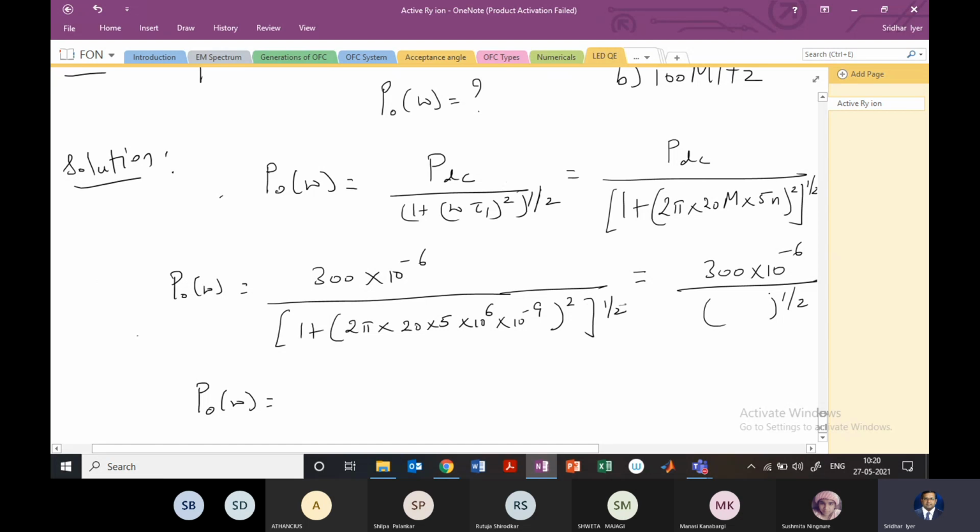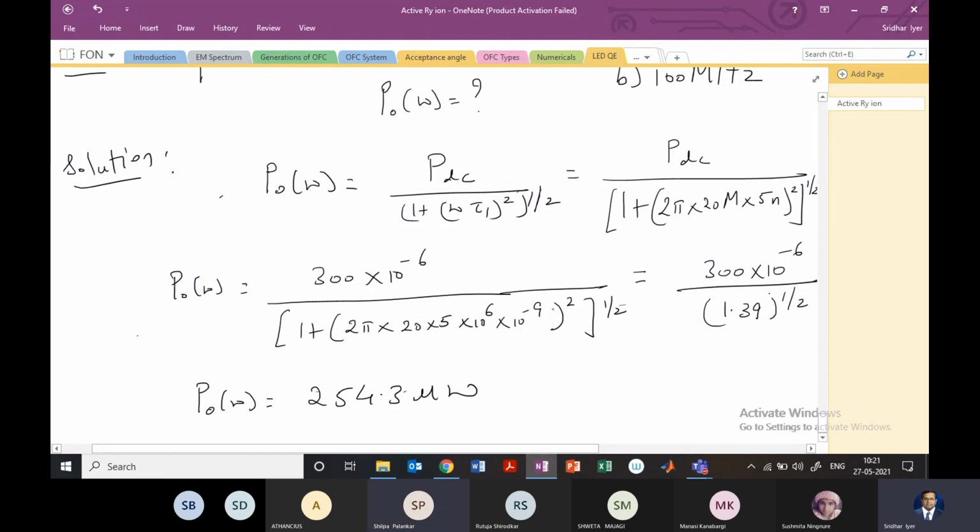It is 1.39, so this is 1.39 raised to half. Totally, we are getting 254.3 microwatt. Are you getting that?